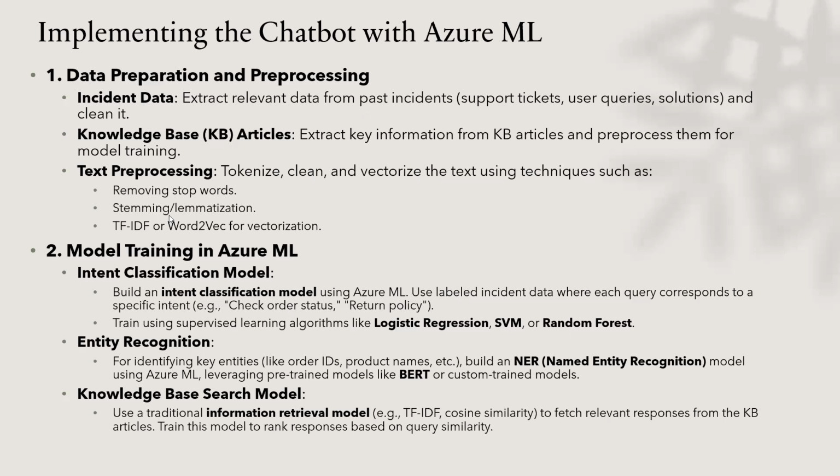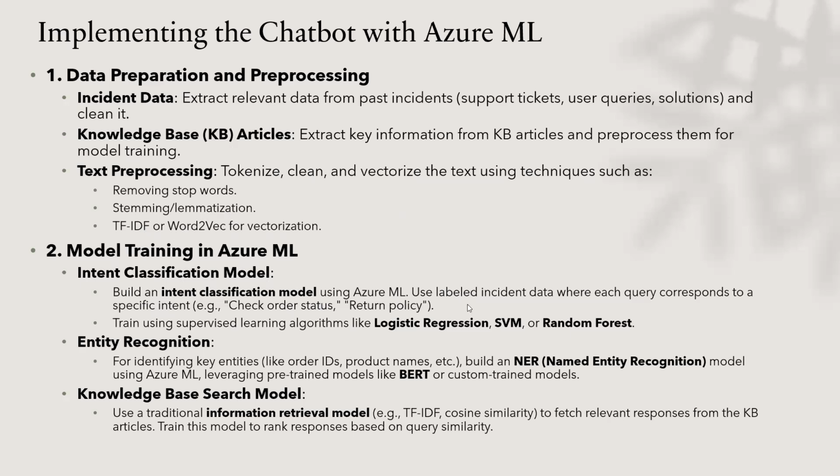Text pre-processing, we need to tokenize, clean, and vectorize the text using techniques such as removing stop words, stemming or lemmatization, TF-IDF or word2vec for vectorization. Model training in Azure ML, intent classification model, build an intent classification model using Azure ML.